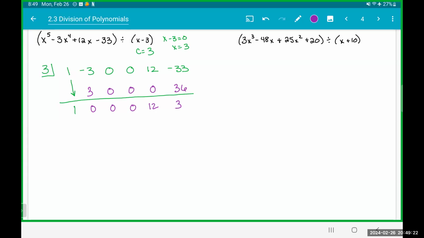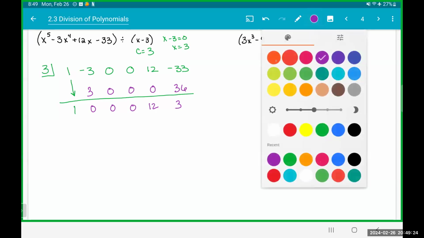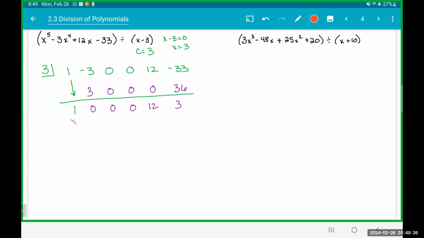So our coefficient that we started with was x to the 5. So this is x to the 4, x to the 3, x to the 2, x to the 1, x. This is the constant and remainder. So we would write this as x to the 4.